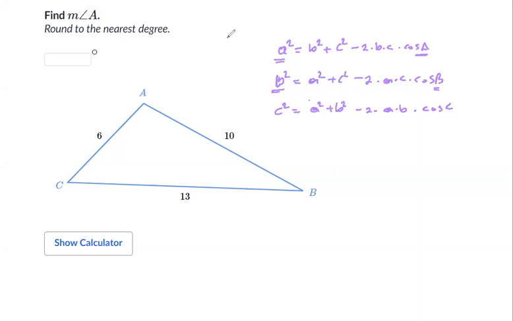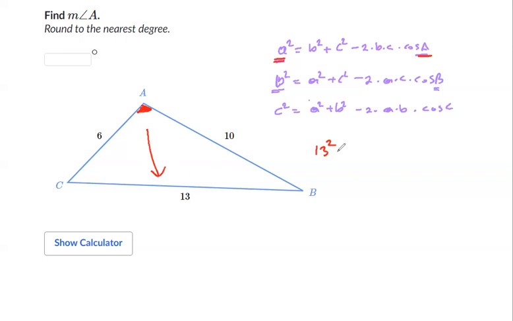And now we are looking for the angle measure of A. So we are looking for the angle. As you see in the first one, side a and angle A go together. So I should start with the side that is opposite the angle we are facing, which is 13.